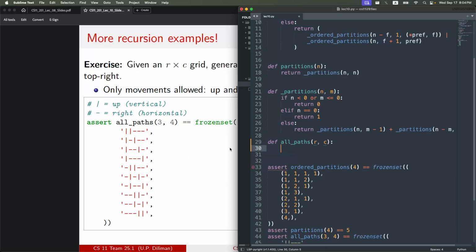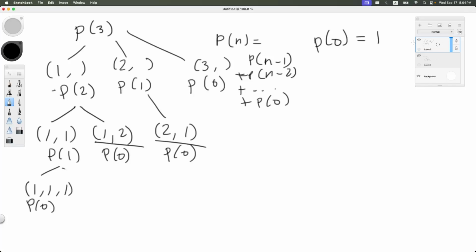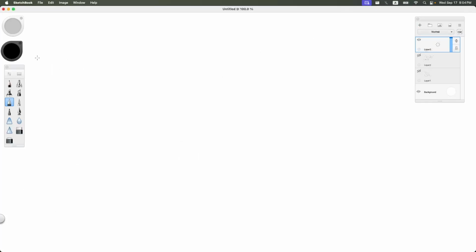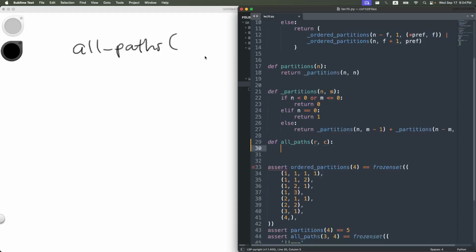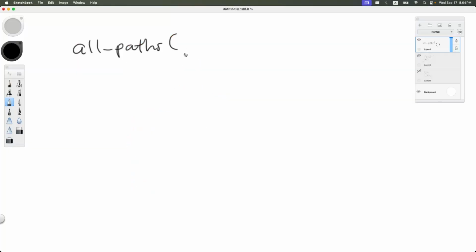Let me illustrate what I mean. If we are solving all paths for 3, 4, the grid looks like this, 3 rows. We start from the bottom left, we want to go to the top right.